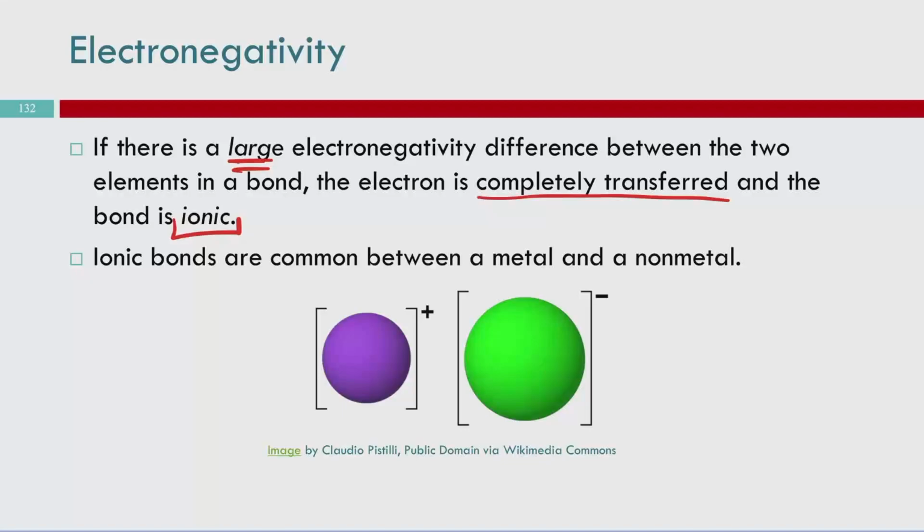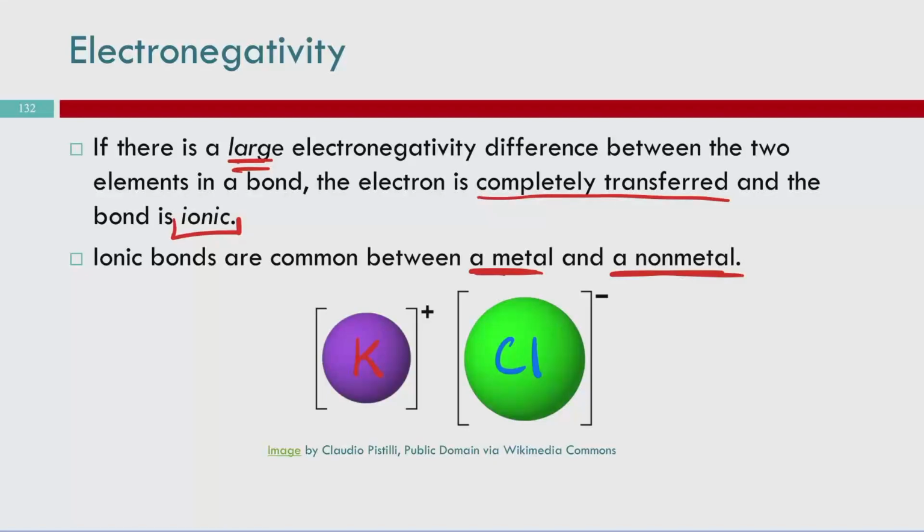So this is also a great way to identify something as ionic. If we have a metal bonded to a nonmetal, it's going to be an ionic bond. This is always true for this class, even if the numbers work out differently. For example, this fully positive thing might be potassium, and this in green might be chlorine.